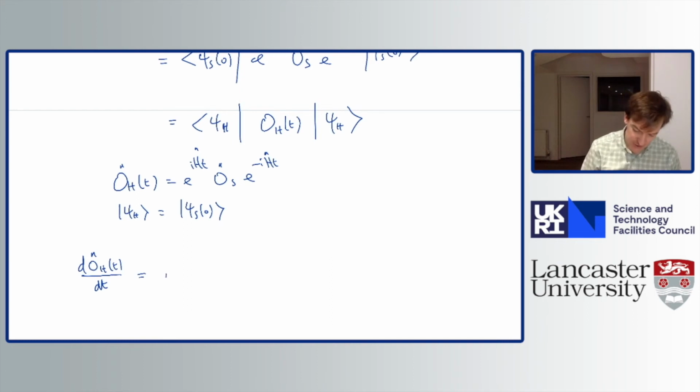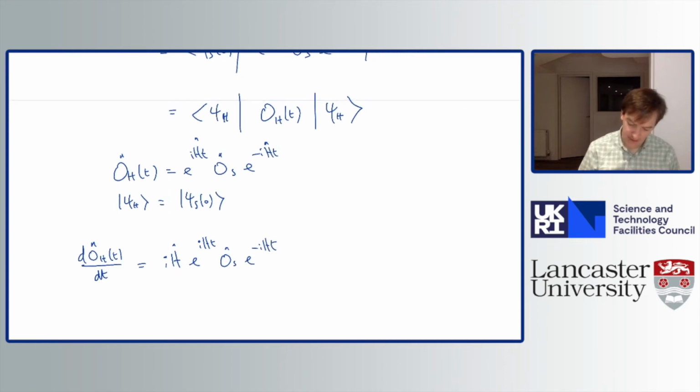We differentiate the exponential, pull on a factor of iH, and we go through and differentiate each term one by one. The third one we will pull down a factor of minus iH.